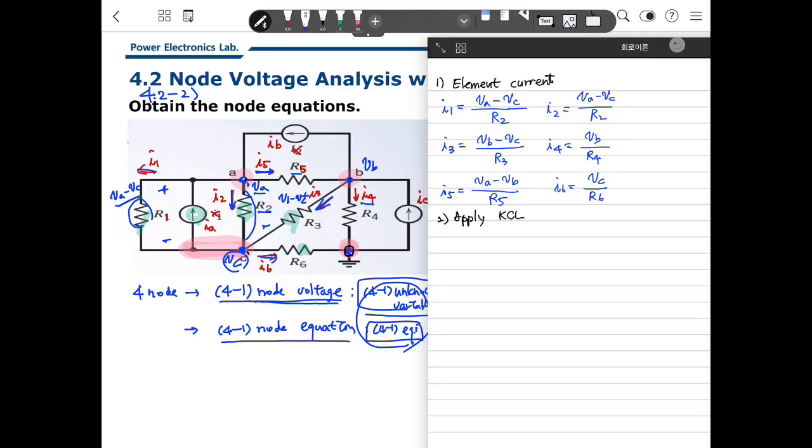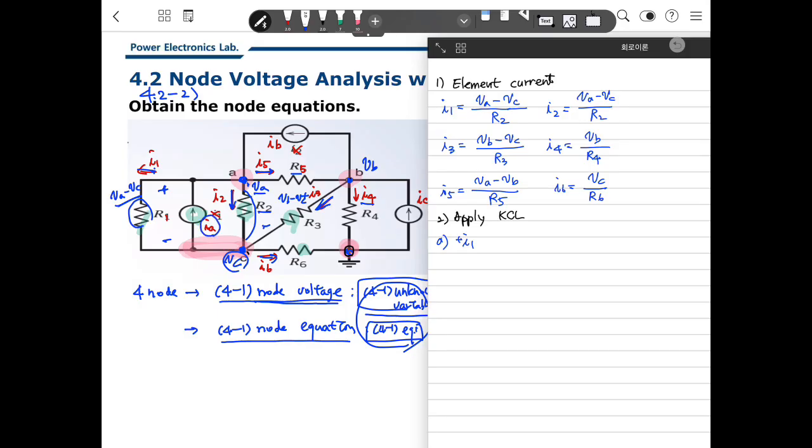So first, node A. In this case, I will choose going out as positive. I1 is going out from A, so I1 plus I1. And how about IA?